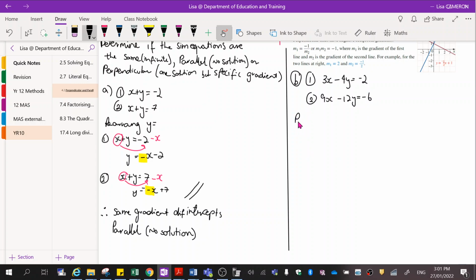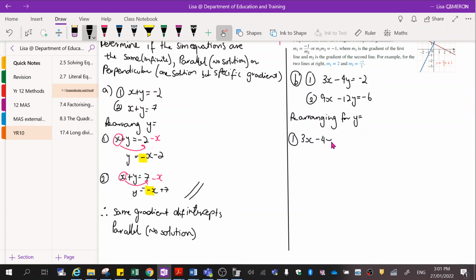Again, I'm going to start by rearranging for y equals.